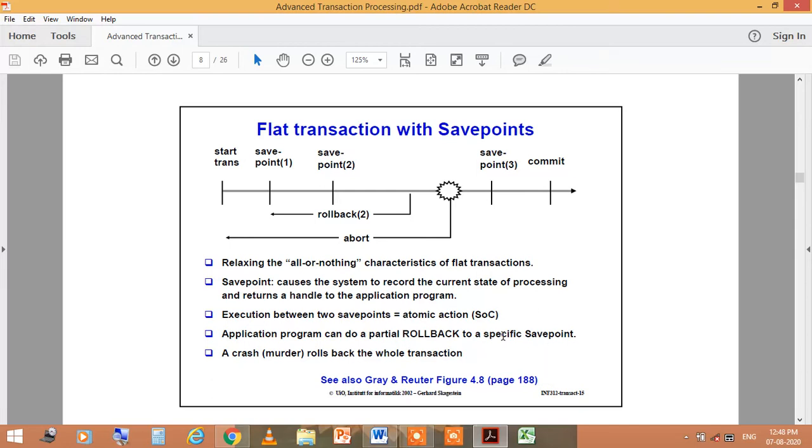I have already discussed ACID in the previous video, so just refer to that. The application program can do a partial rollback to a specific save point, as you see here. A crash means there is some type of error, so you roll back the whole transaction.